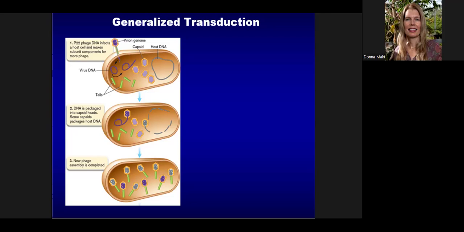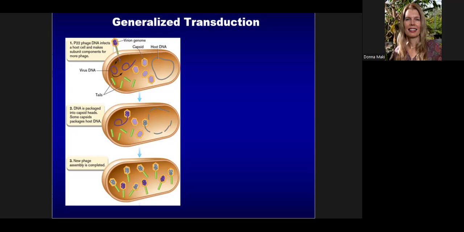So then, after all the replication is done, in the last image here, the way they drew it, it's a little lopsided. More of the viral particles have host DNA. I think it's actually the other way around, where it's mostly correct viral particles, but then a few that have the host DNA accidentally packaged in there.